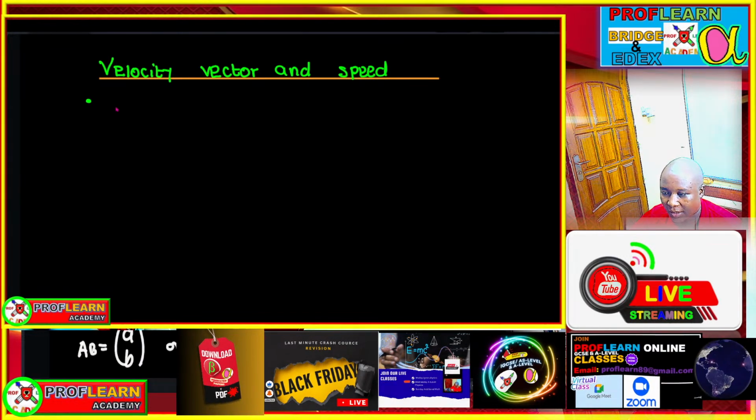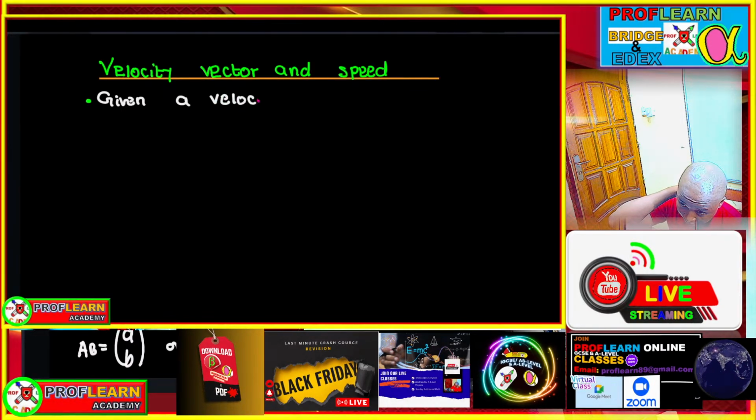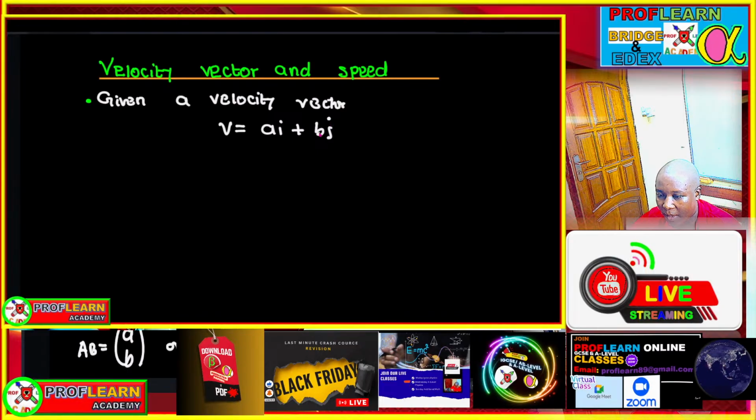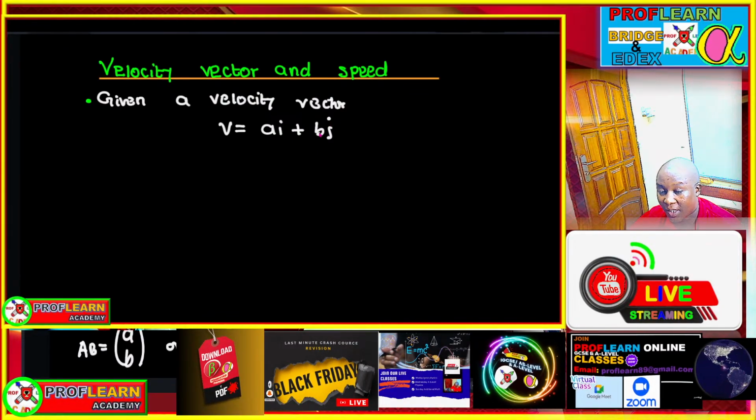Upon discussing that, we need to understand that when you are given a velocity vector, it means that speed can be calculated, and the velocity vector can be given as a unit vector or column vector, which can be given like that.